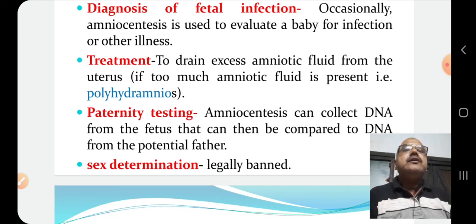Amniocentesis is also done for the treatment of pregnant women. It is used to drain excess amniotic fluid from the uterus. The presence of excess amniotic fluid is known as polyhydramnios.